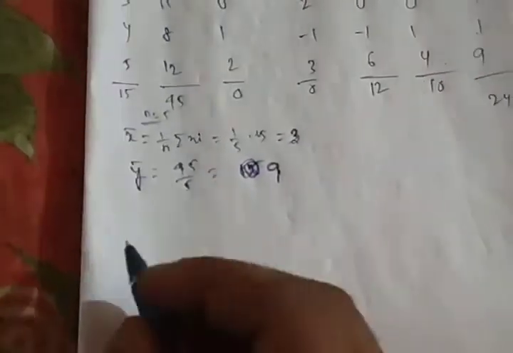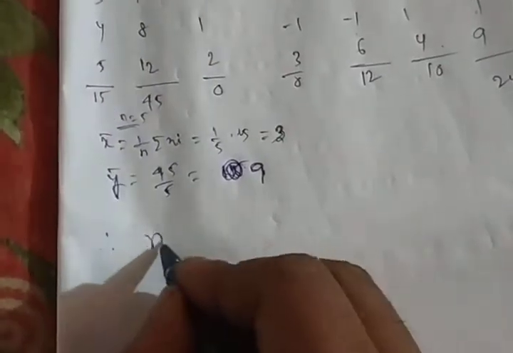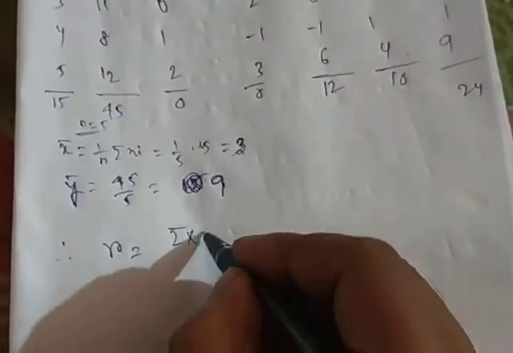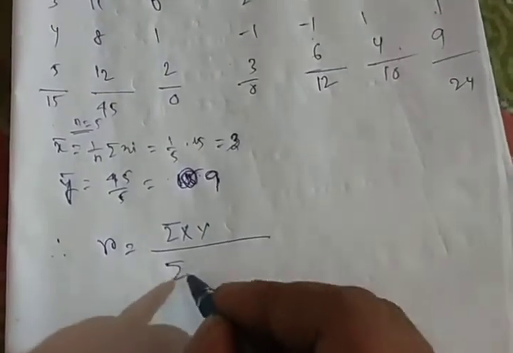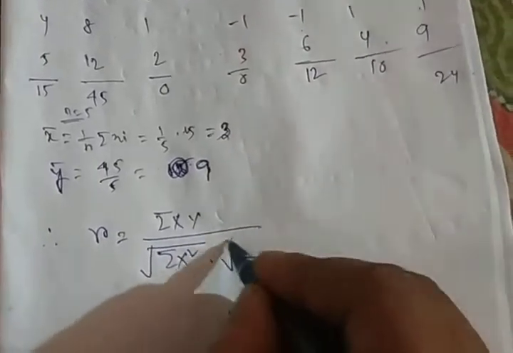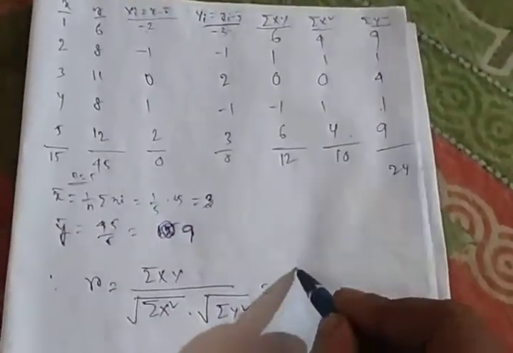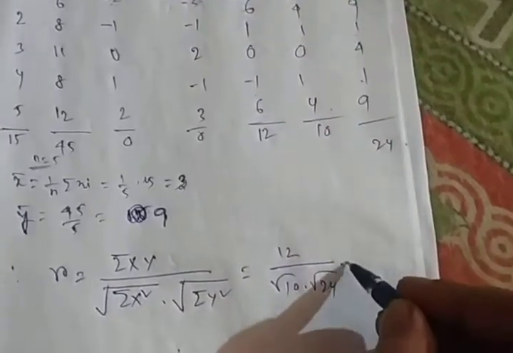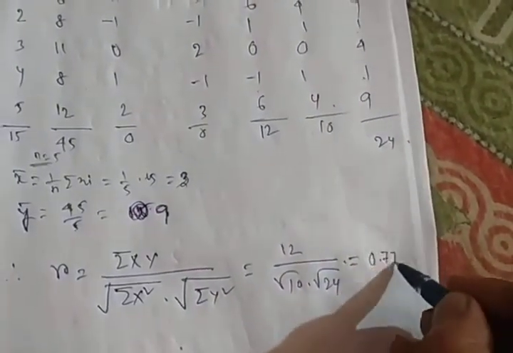So the required correlation coefficient is r equals summation XY divided by the square root of summation X square times the square root of summation Y square, the deviation formula. So 12 divided by root 10 into root 24. After using the calculator you will get 0.774. This is the correlation coefficient between x and y for the given table.